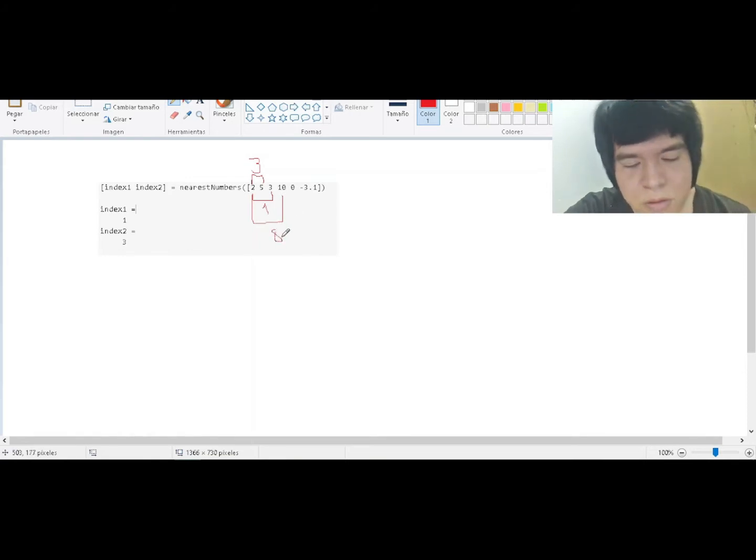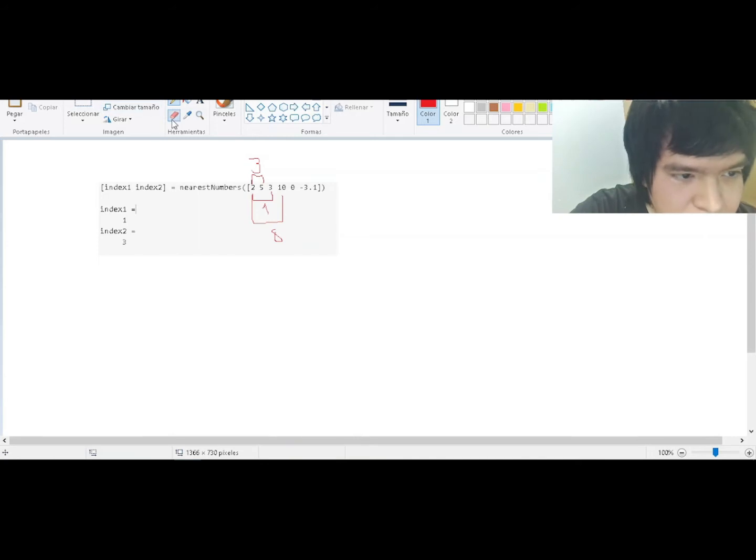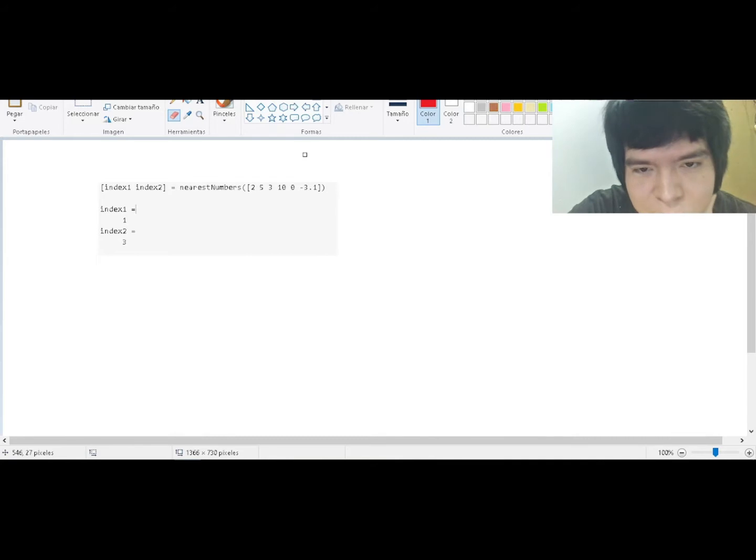You can do this for all the components of the vector and find which one are the nearest. We are supposing, I guess, that there is only one pair of numbers that is the nearest one, so nothing like 1, 2, 3, 4, where all the numbers are at equivalent distance.